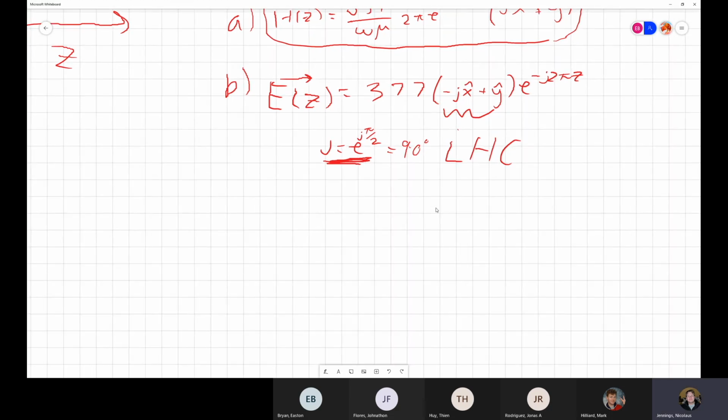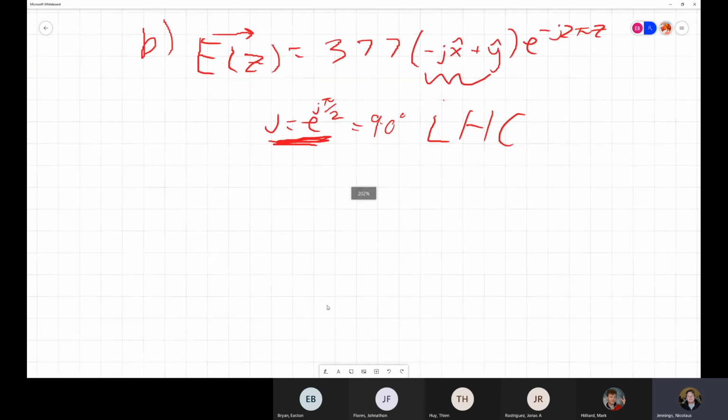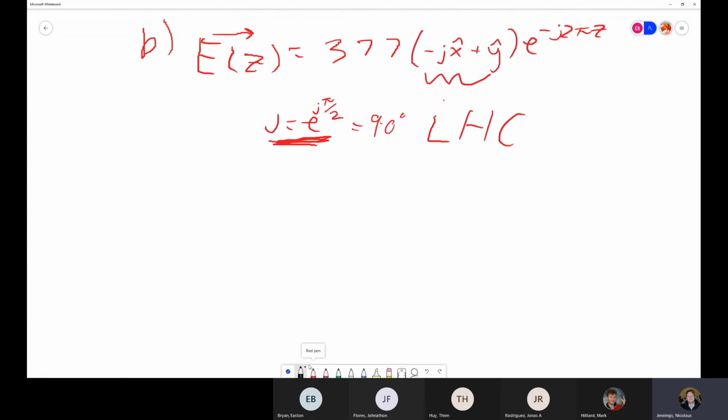So we were working in a group at the very end, and what we came up with was the following. We took E in its time representation as well.